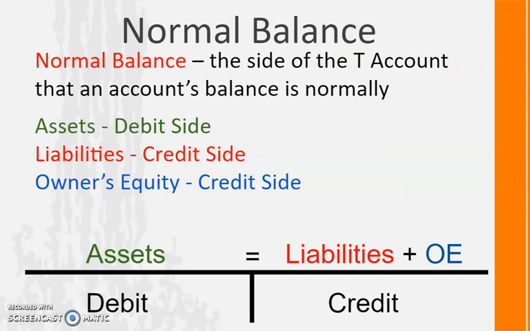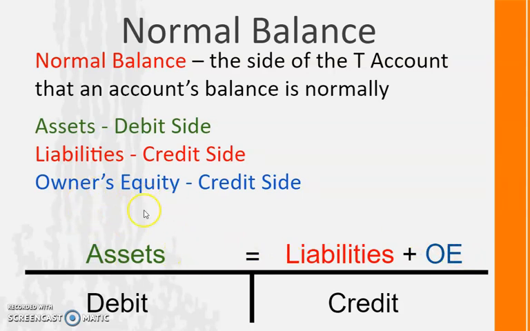Now, there's this thing called normal balance as well. And normal balance just simply means which side of the T account does an account's balance usually appear? Where is it normally? And we base this off of the accounting equation. So I've written the accounting equation right here. Assets equal liabilities plus owner's equity.